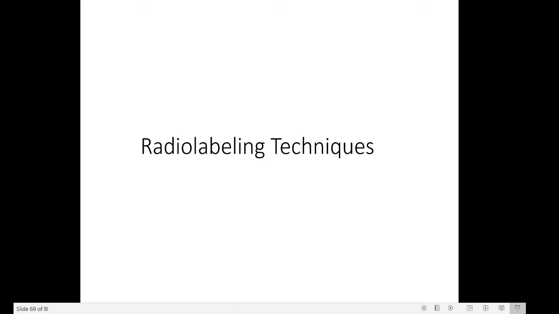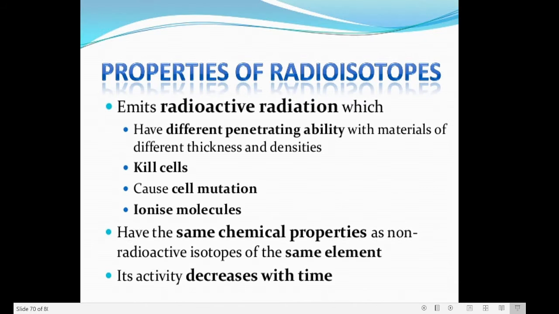Okay, then the radioactive labeling technique. First we want to understand the properties of radioisotopes. Why do we want to use radioisotopes? Radioisotopes help to detect, but they can kill the cell, they can mutate the cell.